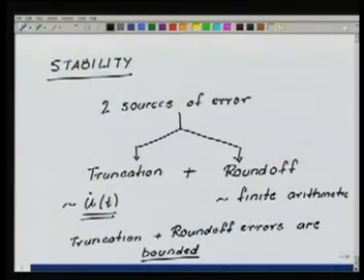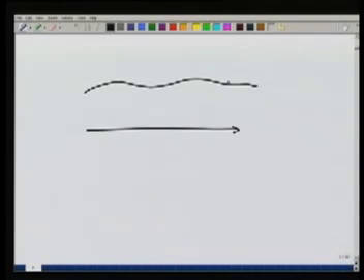What do we mean by bounded? It means that as time progresses, the error lies within some upper bound. It can go up, it can come down. If in one step the error builds up, in the next step it should actually decrease so that it stays within the bounds.